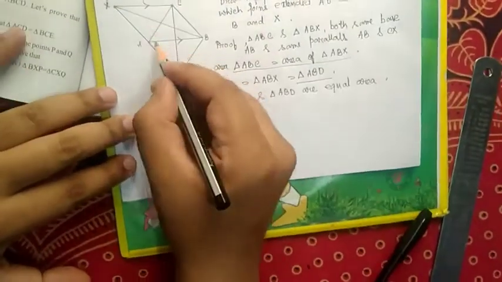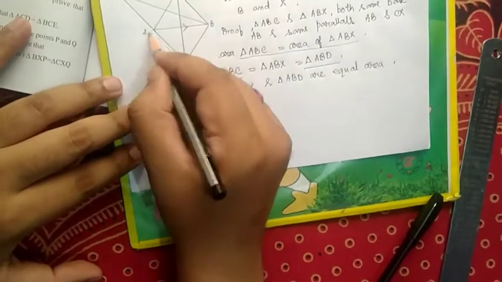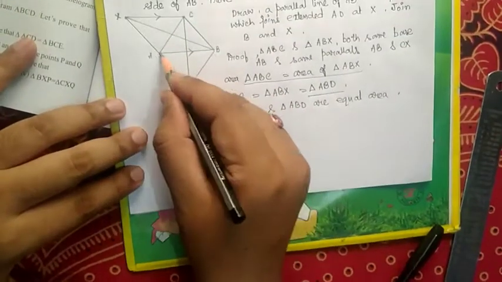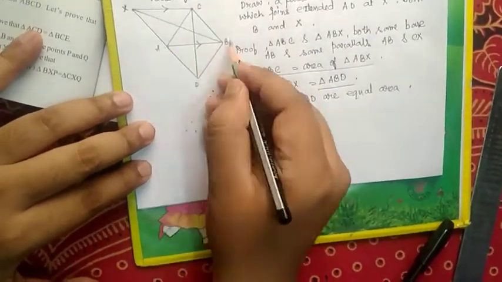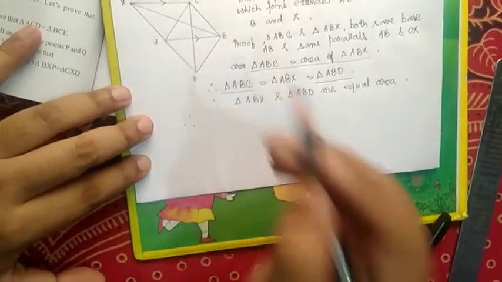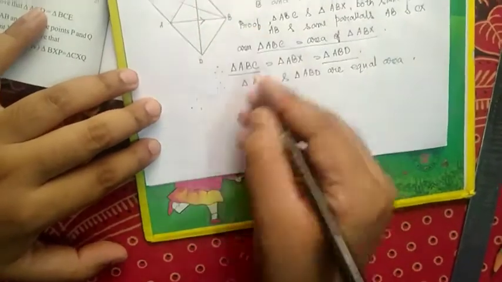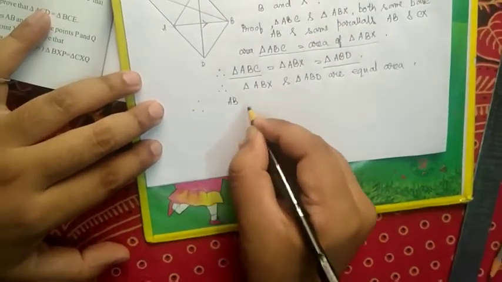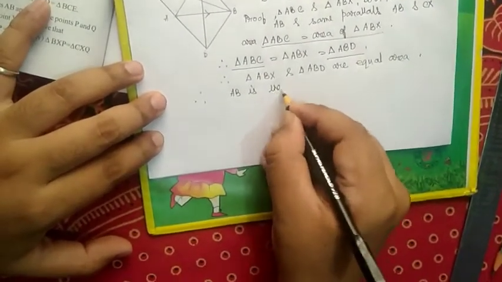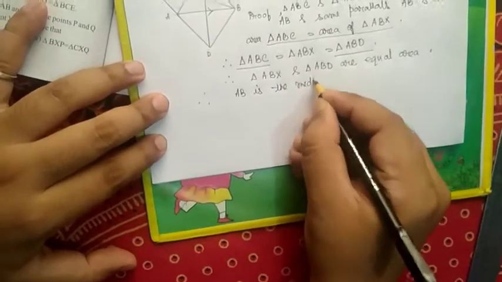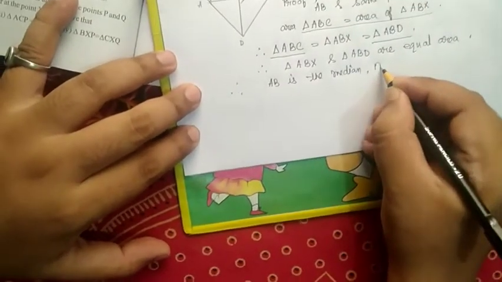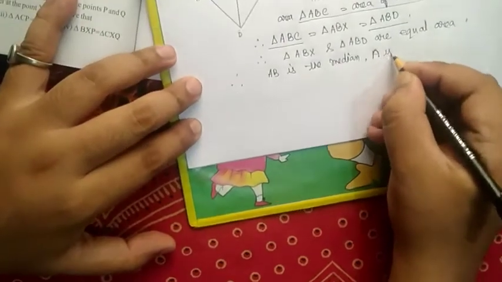So now you see, triangle ABX and triangle ABD are both equal in area. So therefore AB is the median and A is the midpoint.